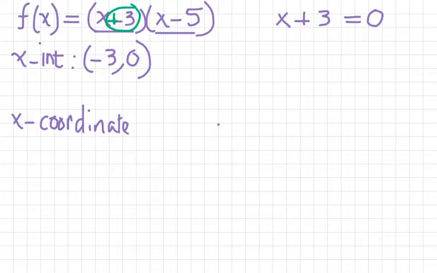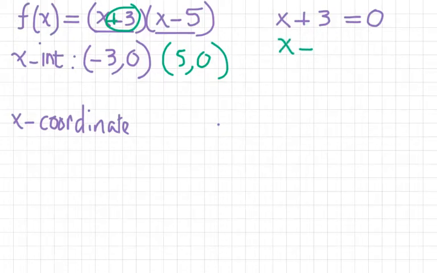Okay, so therefore my second intercept could be 5, 0. And I can verify that by taking x minus 5 equal to 0. Well, what number do I subtract from 5 that gives me 0? Well, 5. Perfect.